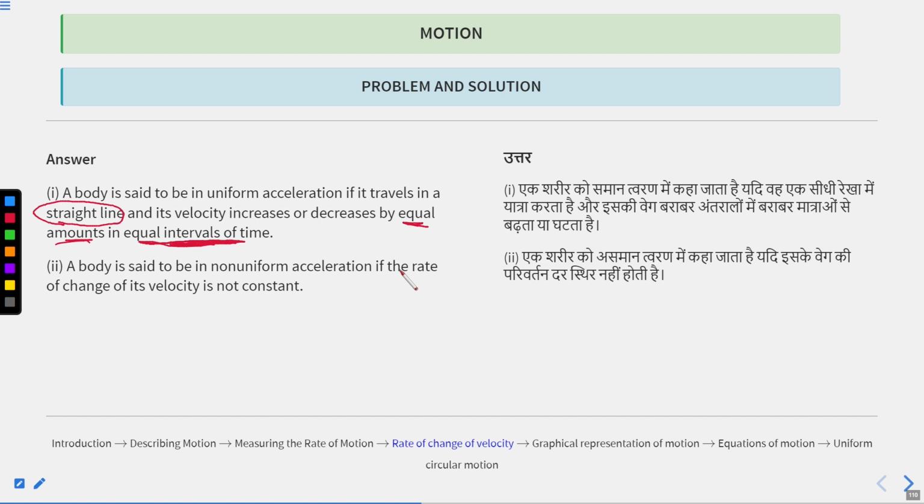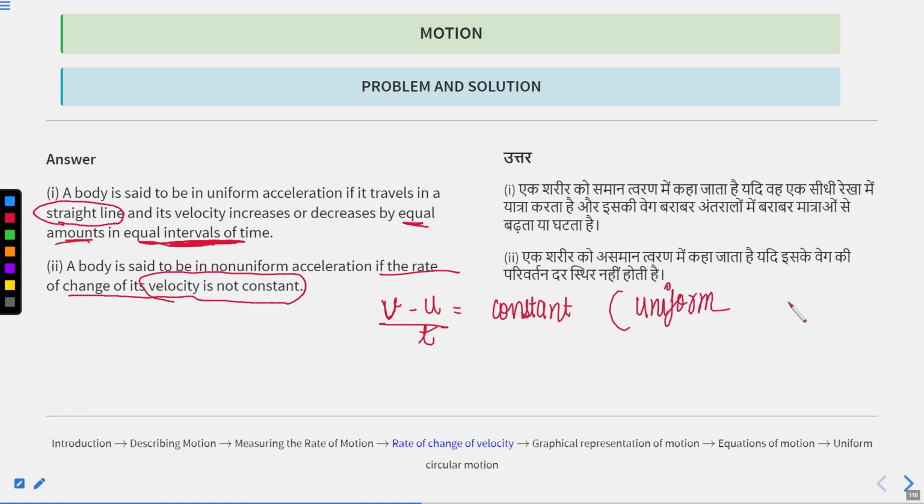Or if the rate of change of velocity is not constant. If (v minus u) divided by t is constant, then uniform acceleration.